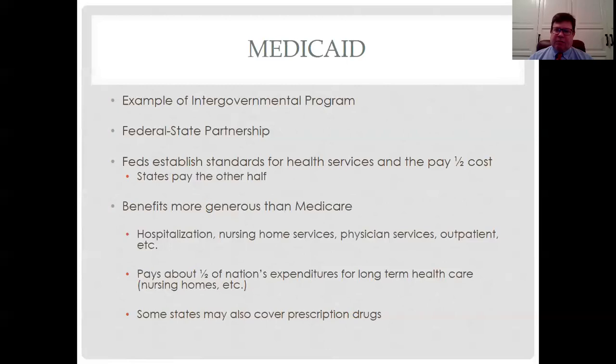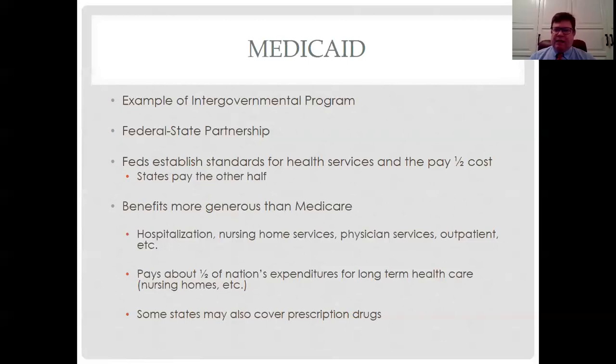Some states provide very limited coverage, whereas other states provide rather generous coverage. And unlike Medicare, which is a hodgepodge of a number of different programs, Medicaid is a little bit more generous and generally provides the kind of coverage that you'd see in a private health insurance situation.